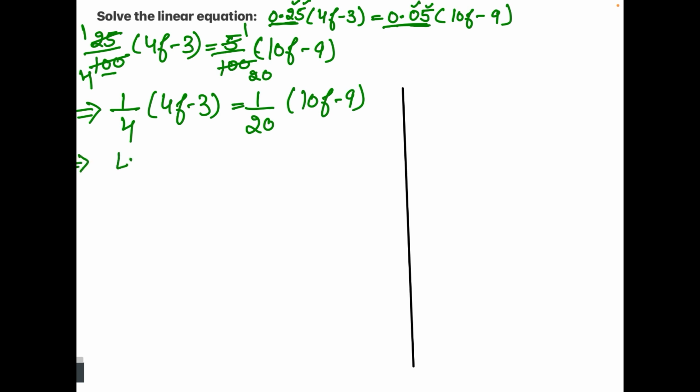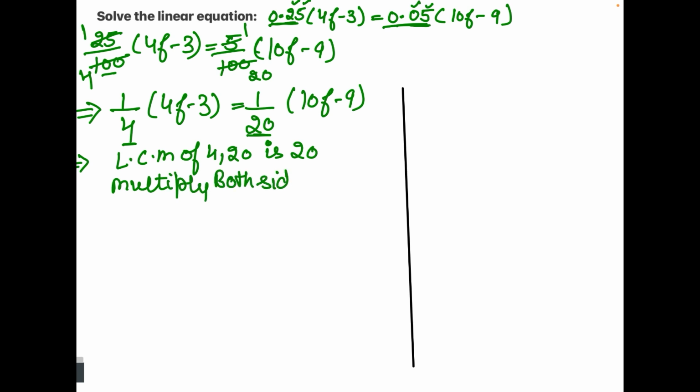Now we will find the LCM of the denominators 4 and 20. The LCM of 4 and 20 is 20. Now we will multiply both sides by 20. That is the LCM that we had found.